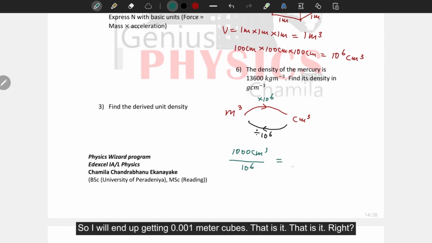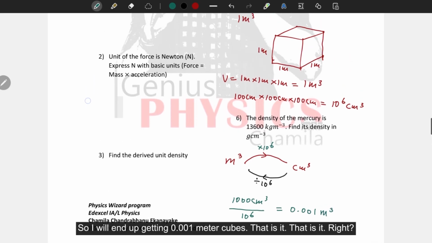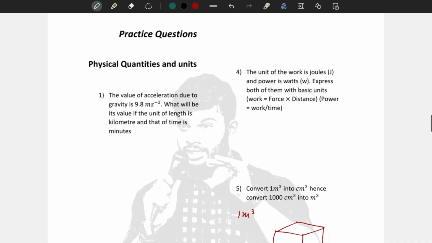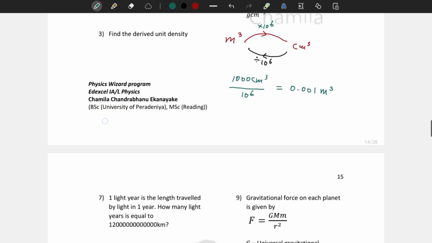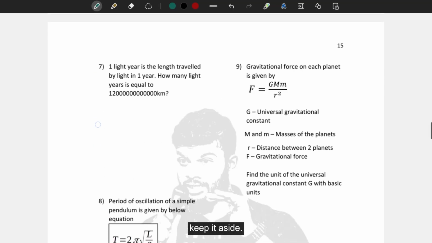So I will end up getting 0.001 meter cubes. That is it. Keep it aside.